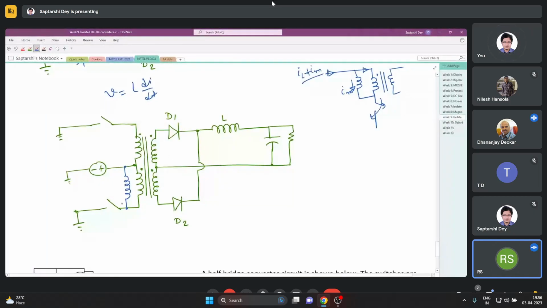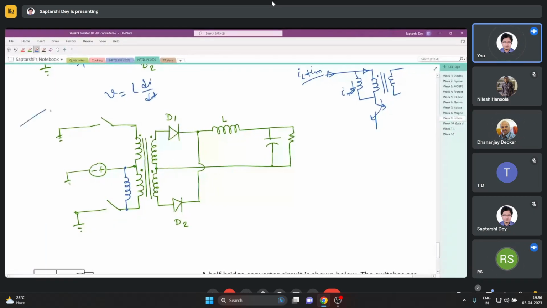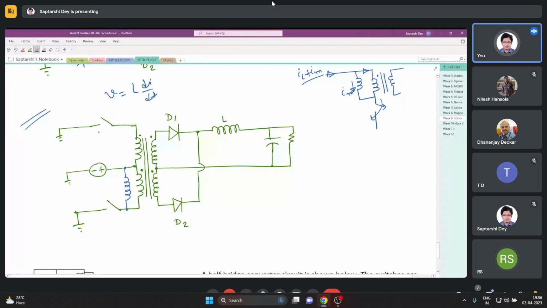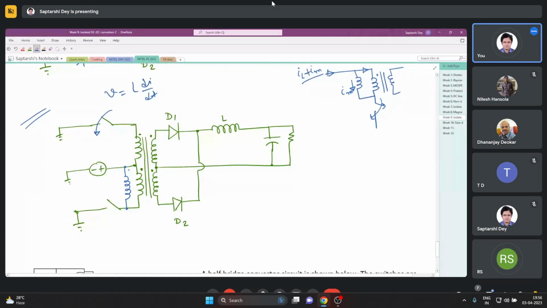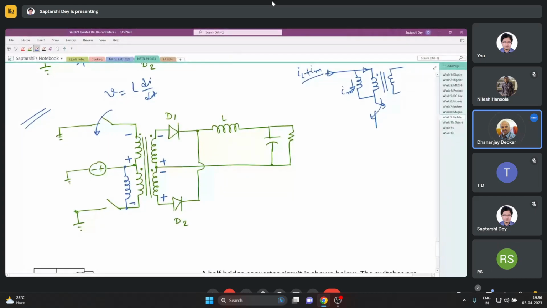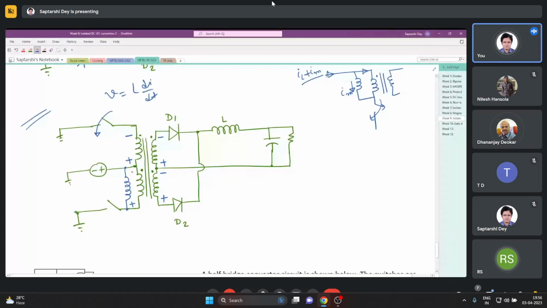Now look in this circuit. I am closing S2, so I am getting this kind of polarity here. This kind of polarity will appear everywhere in the transformer.